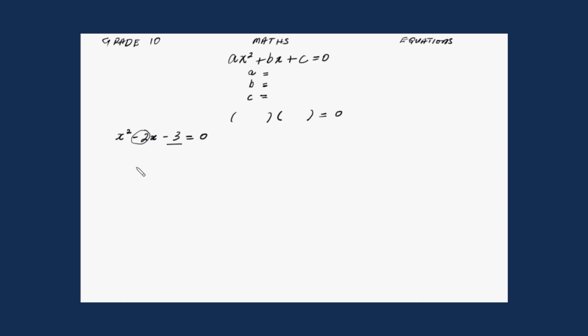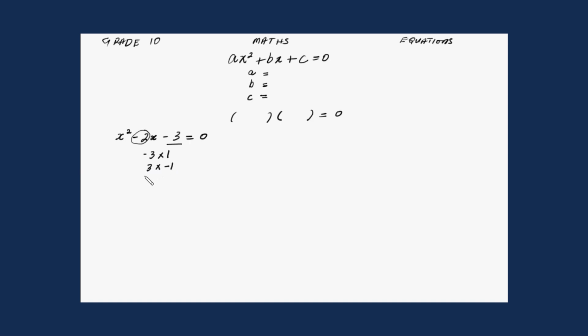Okay, let's see what we mean. The factors of minus 3 could be minus 3 times 1 or 3 times minus 1.